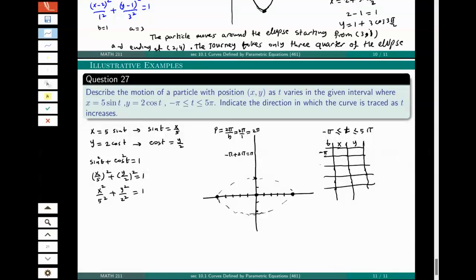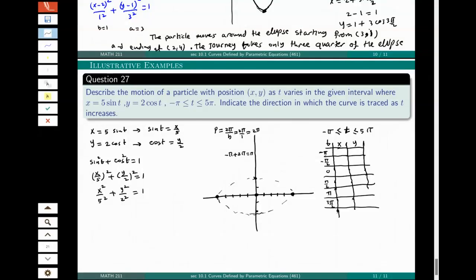So we are expecting, at pi, this will be minus pi, then minus pi over 2, then 0, then pi over 2, then pi. This will be a complete cycle. Then when we started again, pi plus pi over 2 will be 3 pi over 2.